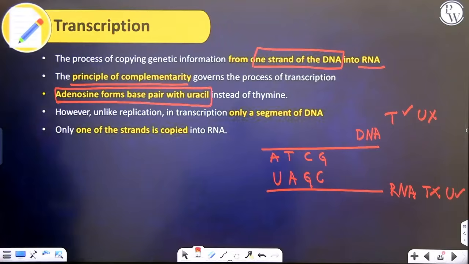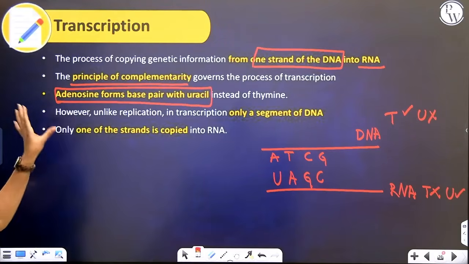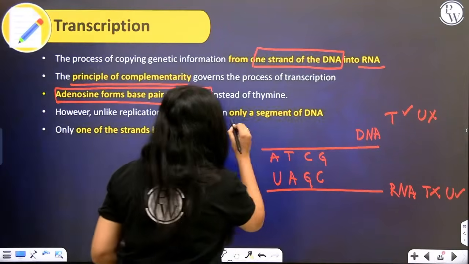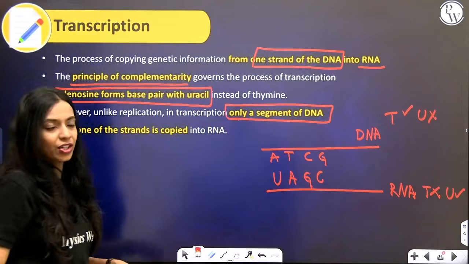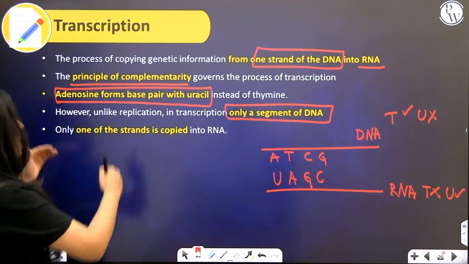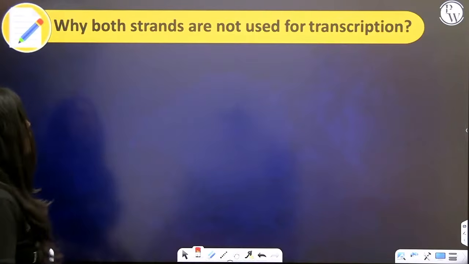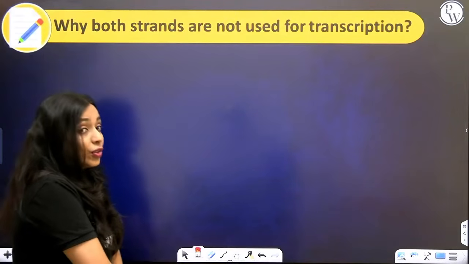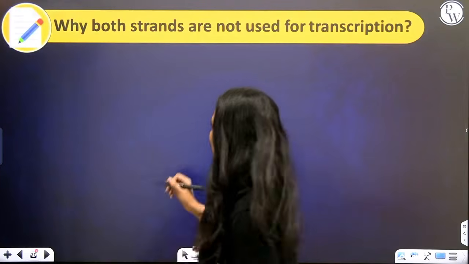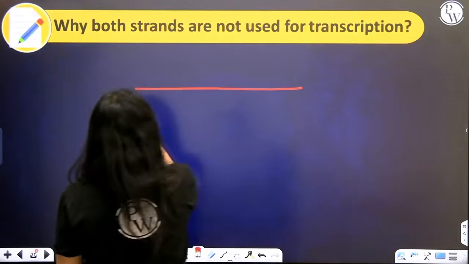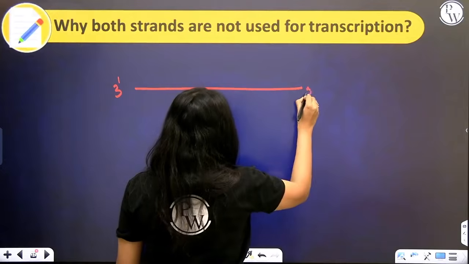So, the only difference is that adenosine forms a base pair with uracil instead of thymine because RNA does not have thymine. Like I already mentioned, unlike replication, in transcription there's only a segment of DNA that will get transcribed and only one of the strands is used as the template. So, you know that DNA has two strands. One strand runs from 3' to 5' direction.